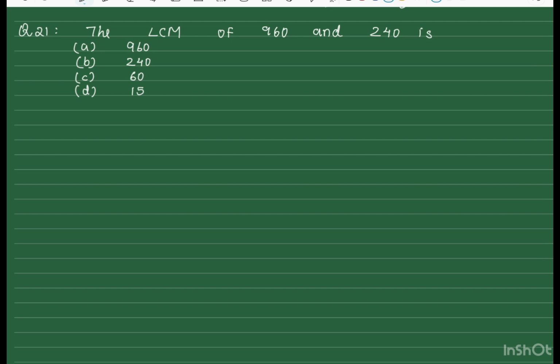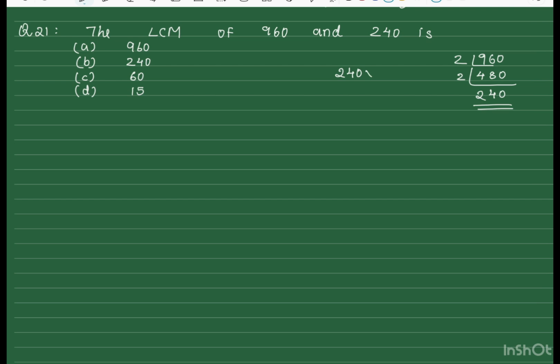Question 21: the LCM of 960 and 240 is option A 960, B 240, C 60, D 15. So we can factorize 960, we get 480, again by 2 we get 240. That is the second number, 240.